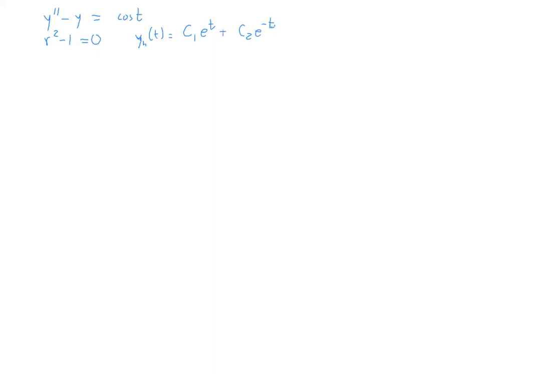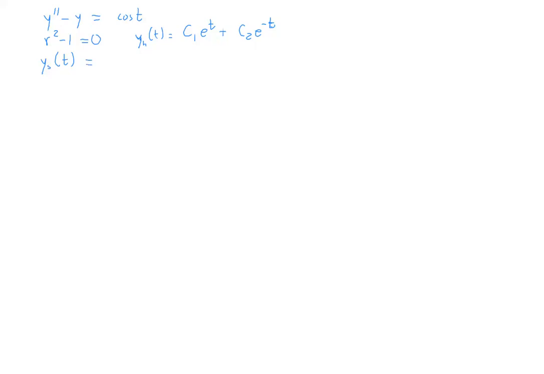And now I want the special solution. So let me denote this by y sub s. That's another pretty good way of denoting things. So H for the homogeneous, S for the special solution.